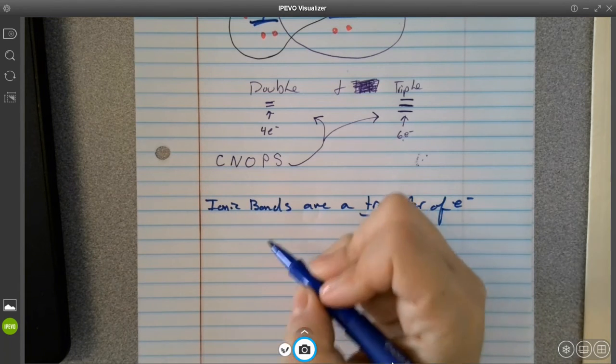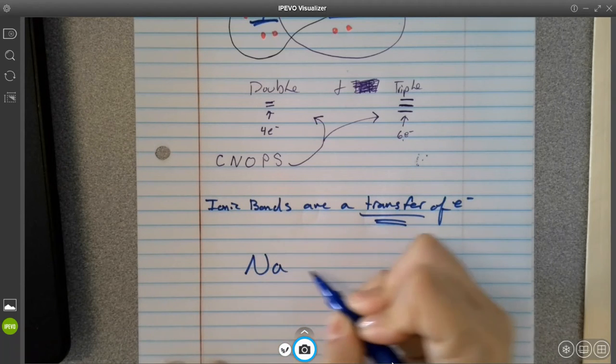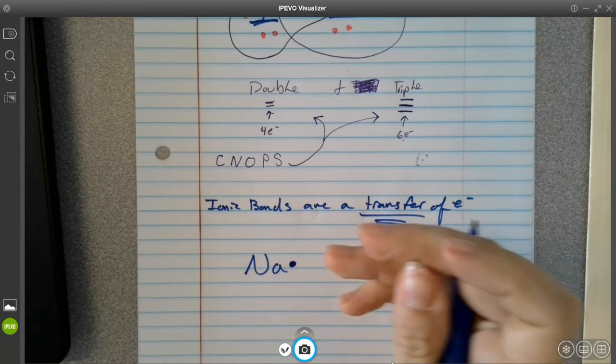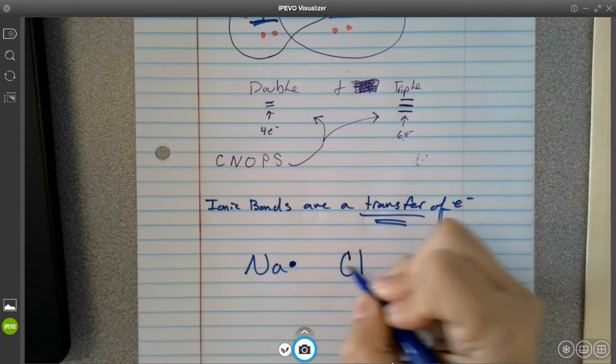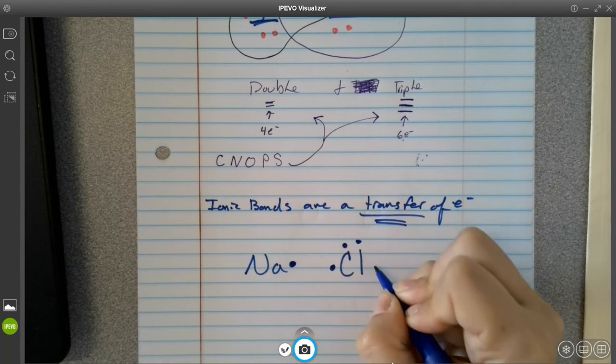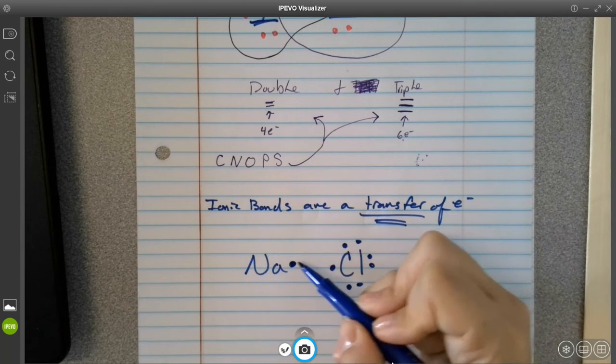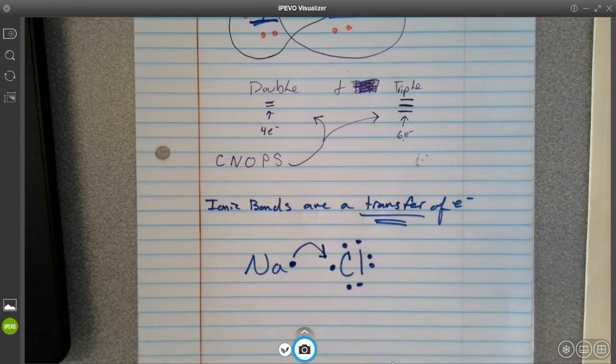So if I have NaCl, sodium will have 1 valence electron. It's in that first family. Chlorine will have a total of 7, because it's in family 17. So sodium will just give away its valence electron because it's easier for sodium to give one away than it is for chlorine to create one.